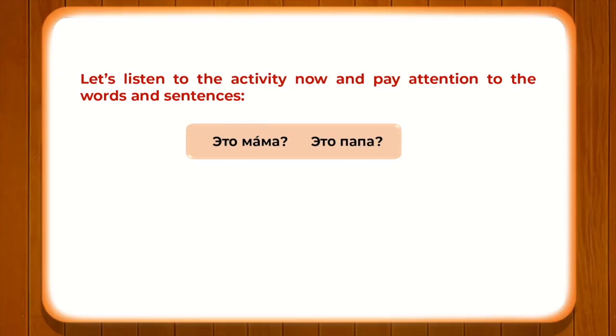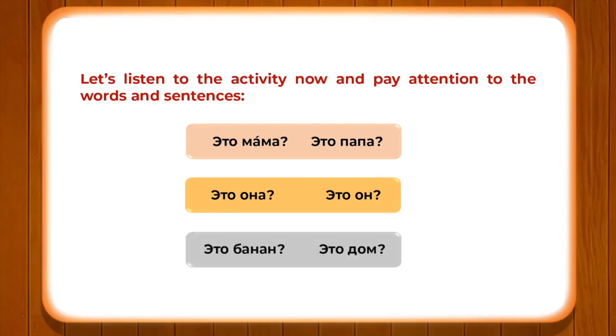Eta mama? Eta papa? Eta ana? Eta on? Eta banan? Eta dom? In all these sentences which I just pronounced, the tone is going higher at the end. Why? Because I am asking a question. Eta mama, eta papa, eta ana, eta on, eta banan, eta dom.